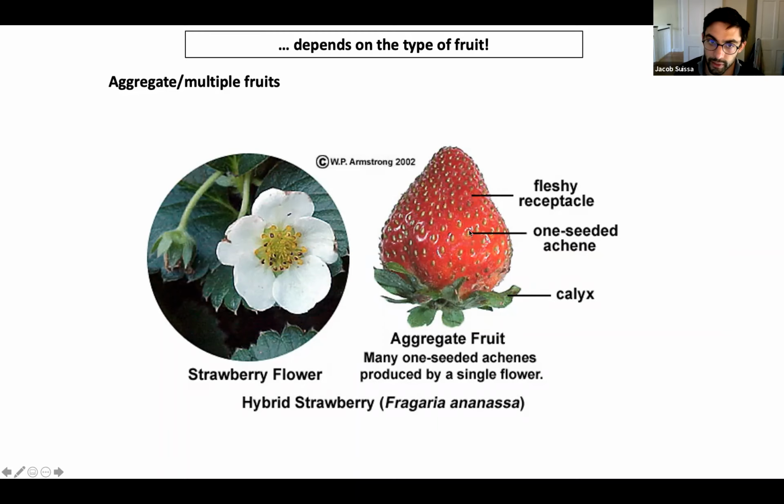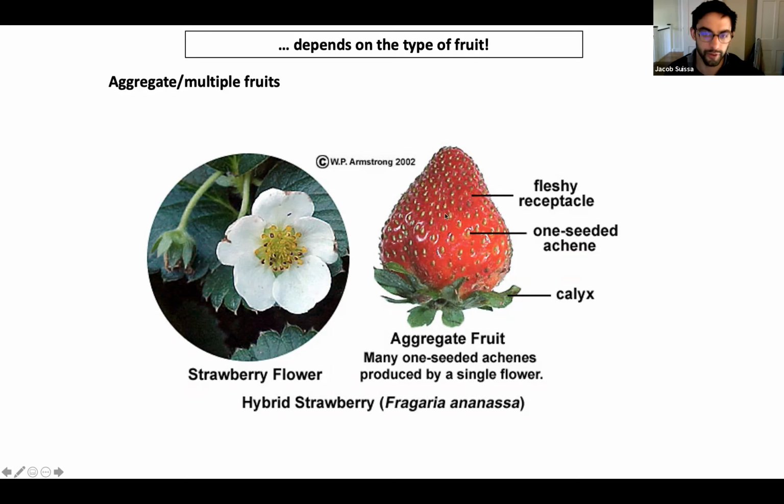Where there was a style and a stigma on each of these little fruits. You would say that these are separate, simple carpels. They're not fused to each other, but they are embedded in this tissue that we eat. And this tissue is the receptacle. So it's an aggregate of fruits on one receptacle. So that's an aggregate fruit.